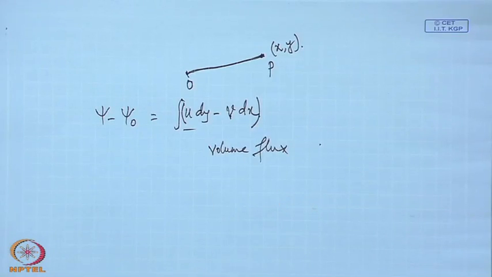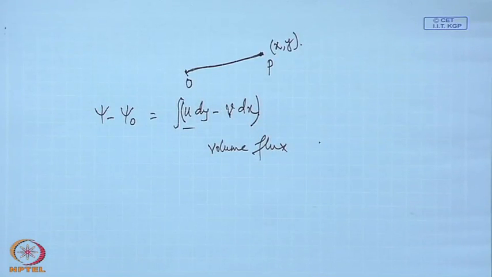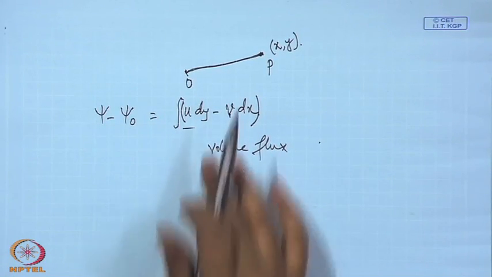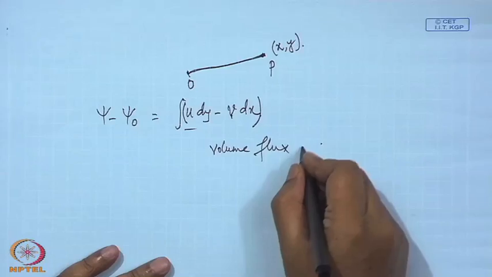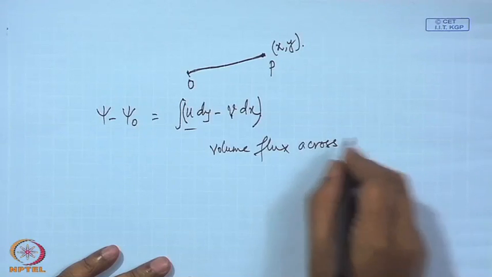It is usually not called in this long way, the volume flux across the surface formed by translating this line by unit distance; it is just called the volume flux across this line, where across that line means that this line is traced in the third direction by unit distance, and the surface that is formed. So, this is volume flux across the line.